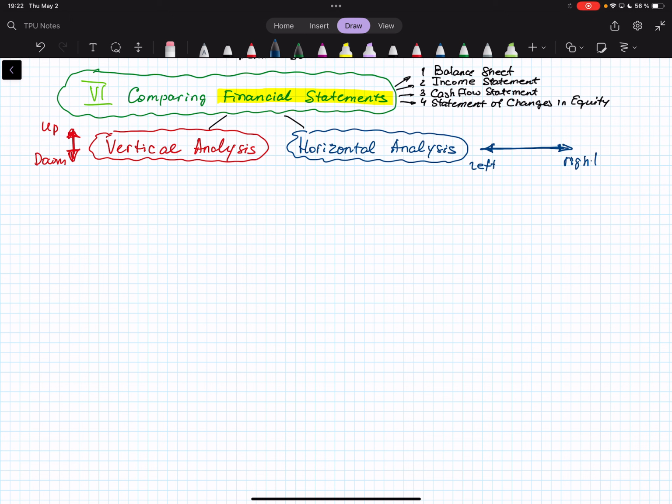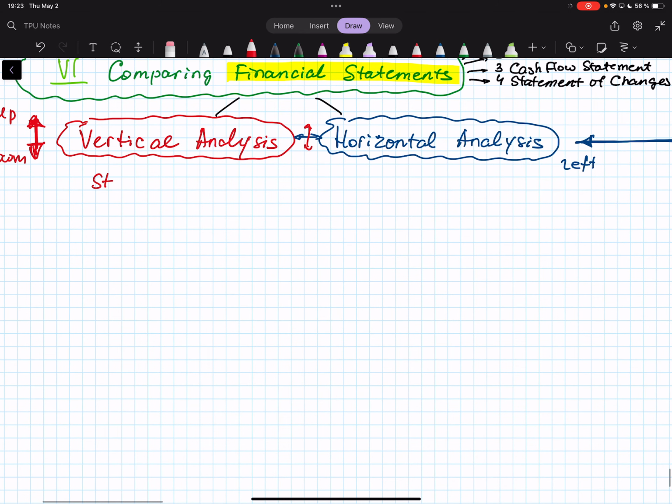Okay? So if we mix it all together, we will have the up and down, left and right vision of the financial statements. Okay, so the vertical analysis is also called structure analysis.